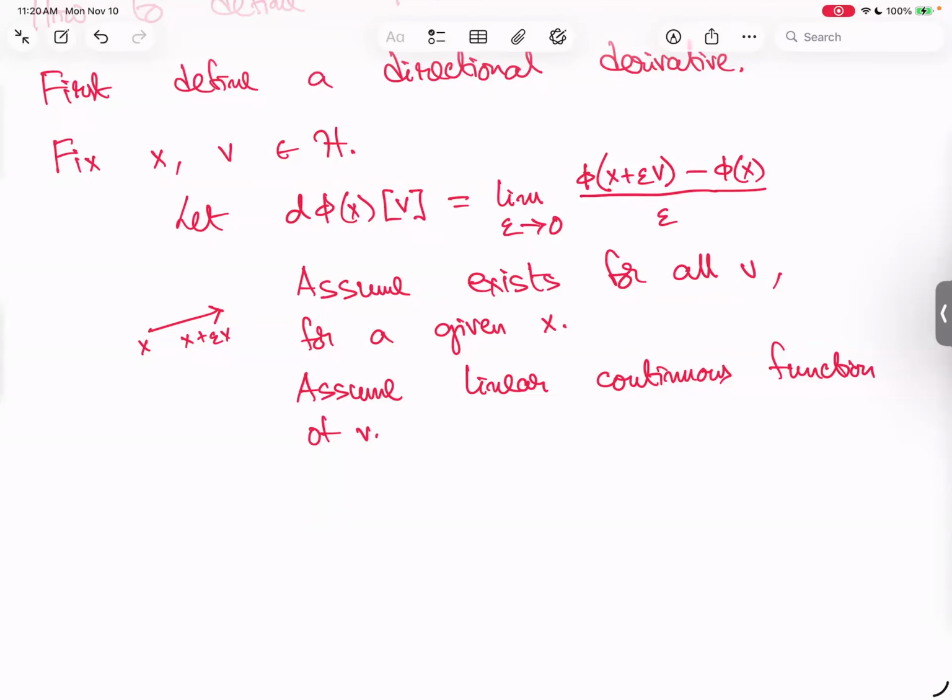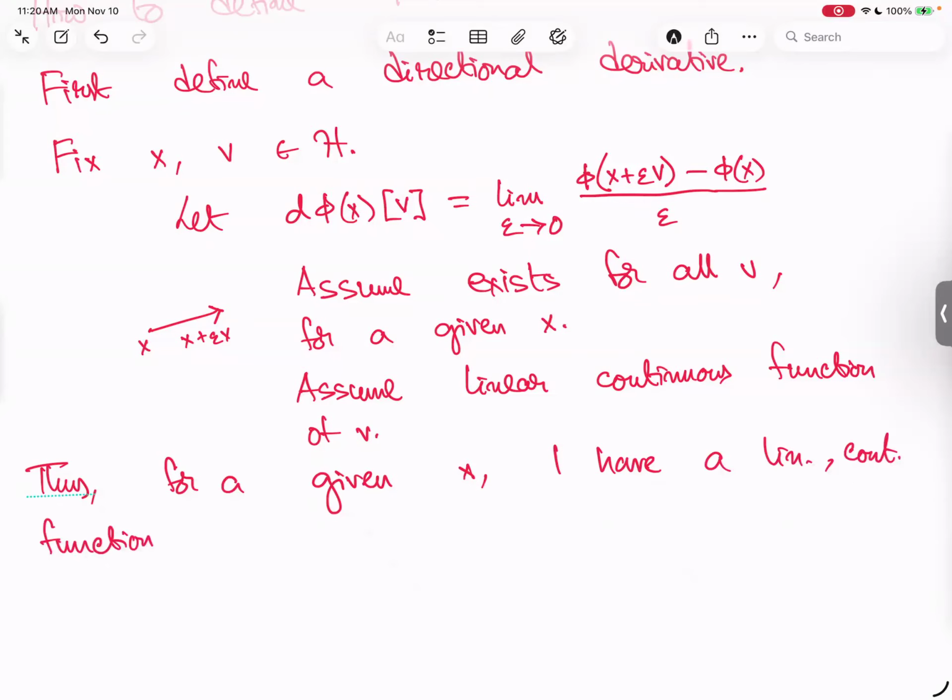And so what I'm assuming is that for every given x, I have a linear continuous function over the Hilbert space. Thus, for a given x, I have a linear continuous function d phi x from the Hilbert space to the real line.